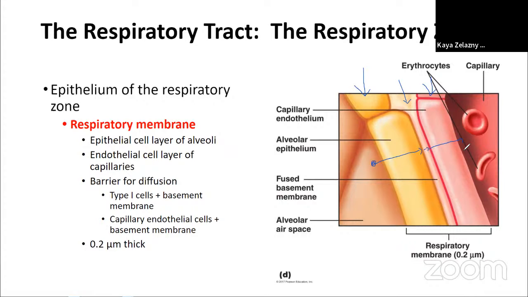Because we're so zoomed in, this might look like a lot, but this is actually very thin for arrangements in your body. It's about 0.2 microns thick. So this is a pretty easy way for gas to get into your body. They have a really thin respiratory membrane, facilitating the gas exchange.